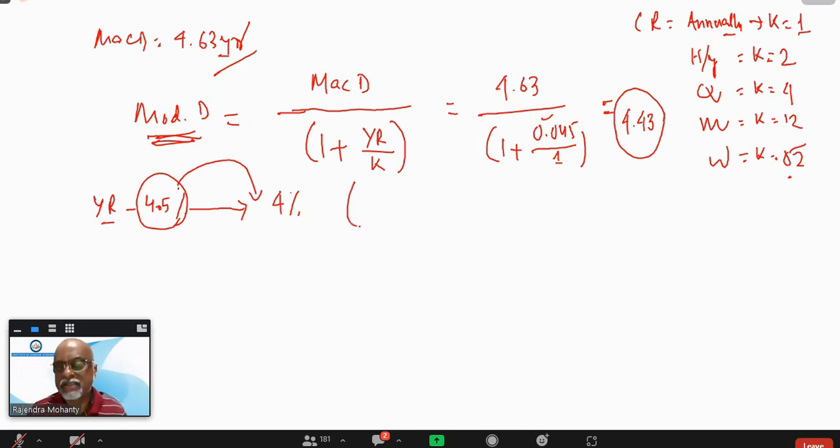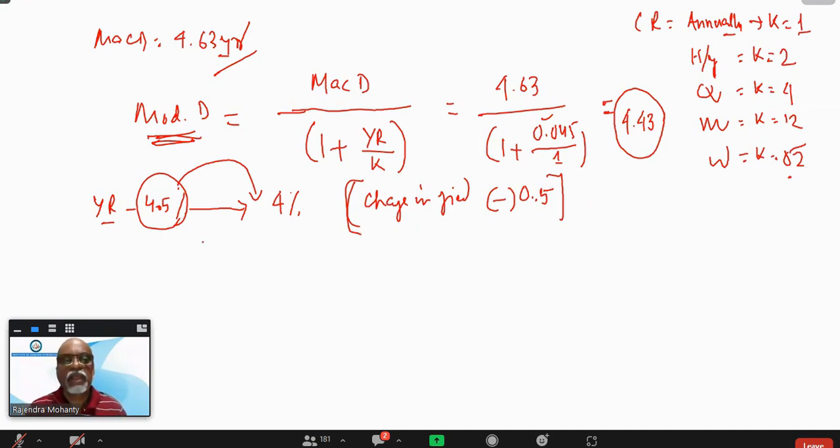So what is the change? Change in yield is how much? Change is minus 0.5.